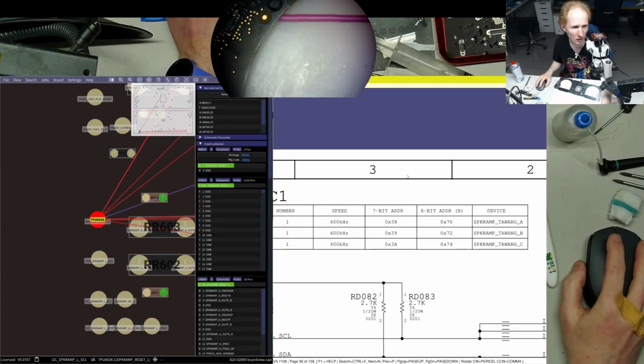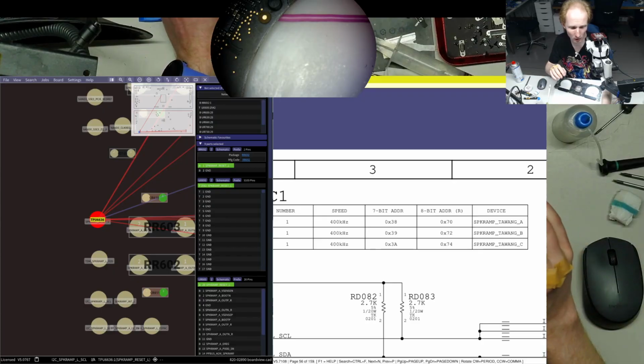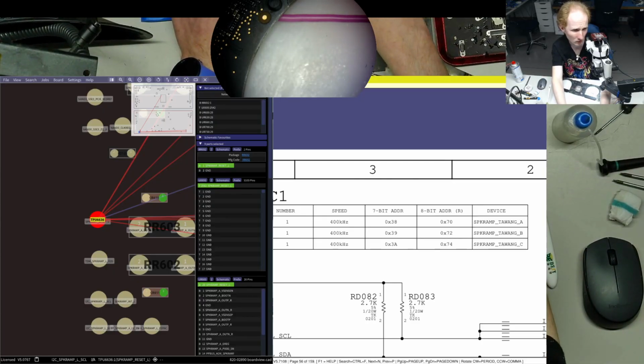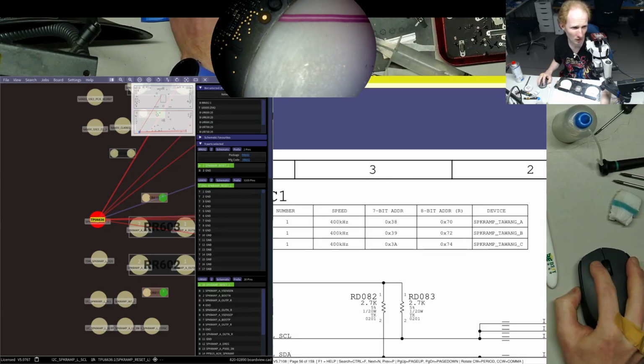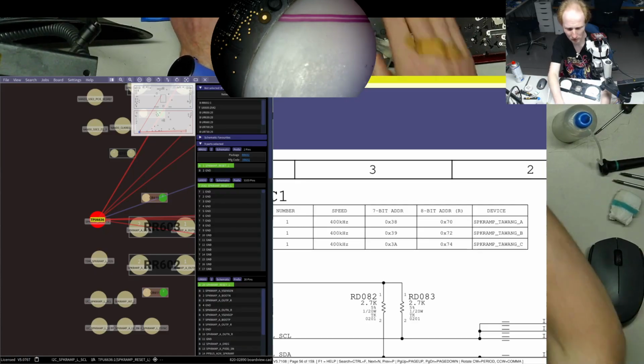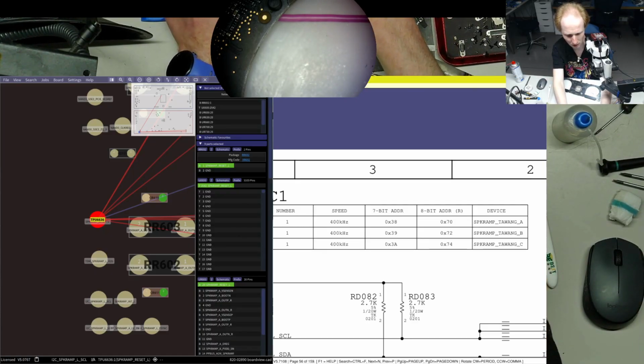And let's look for other ones, or maybe I will note it. Okay, 38, 39, 3A.